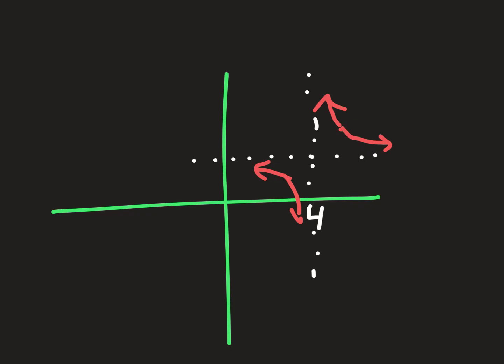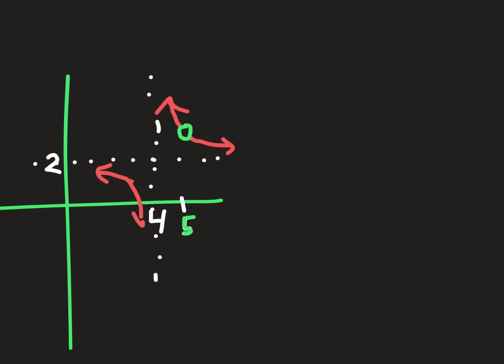I shifted it over 4 and up 2. And right above the 5, I'm going to punch a hole in my graph right there. Right above the 5. Can you write the equation for that? Do the hole last.